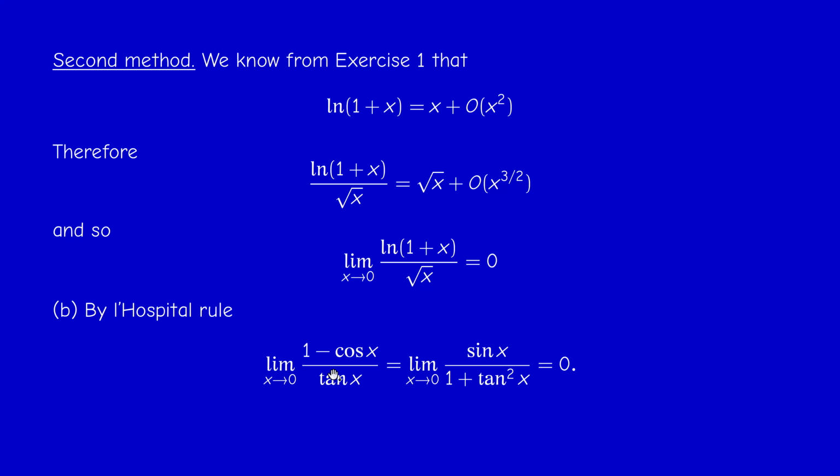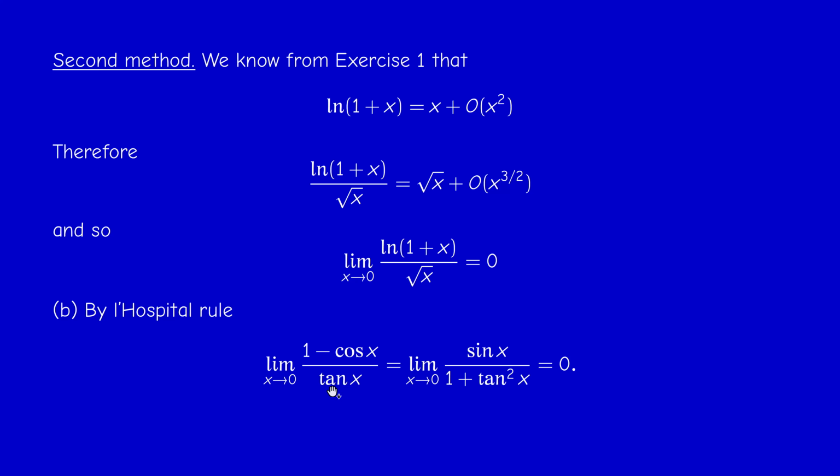Now here, we can use, of course, the Taylor expansions, but it involves more computation because we have to find the Taylor approximation of tangent. It's doable actually, and when you do it, you get a more precise result actually. You try to do it.